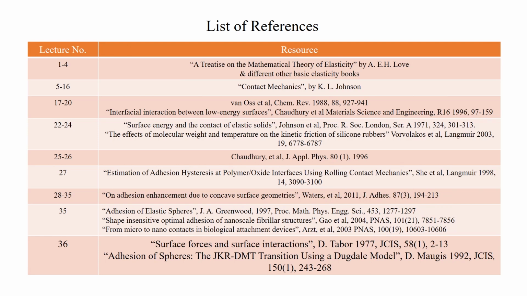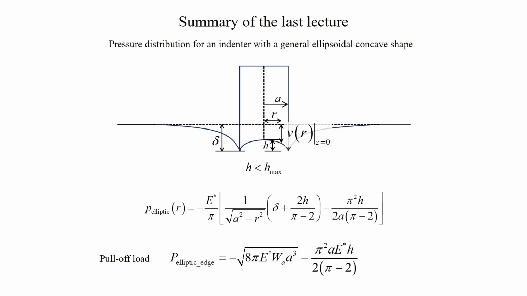Here we have these references that I am presenting to you from time to time, and we can refer to them. In the last lecture we discussed a general ellipsoidal concave shape, and we derived the pressure distribution for the concave head of this ellipsoidal indenter.